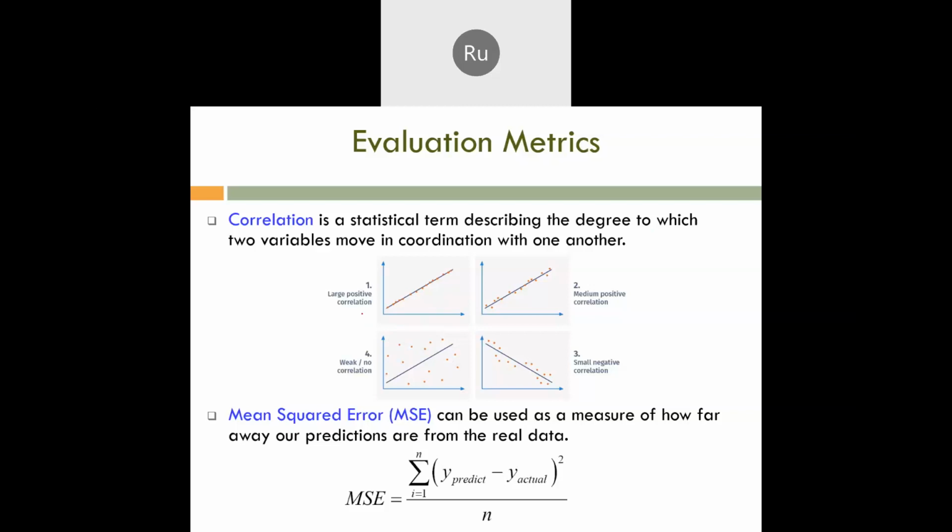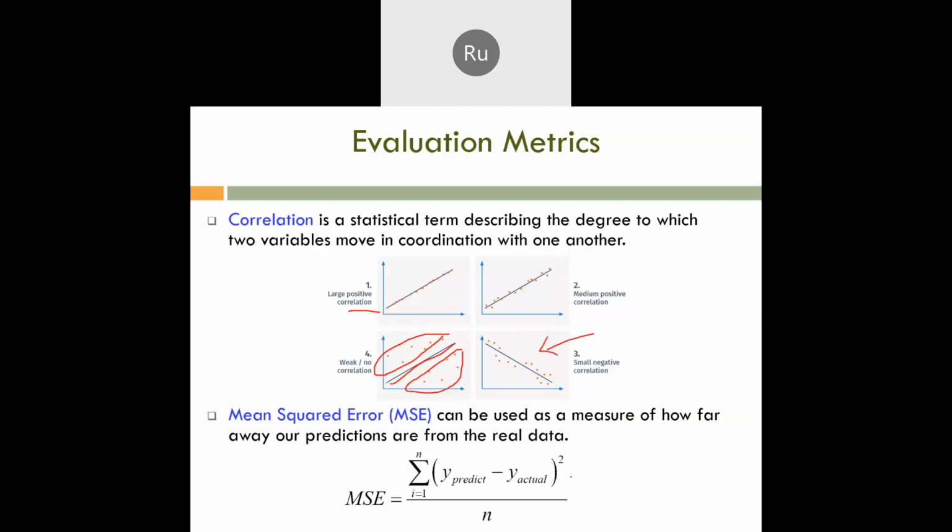We can say this is a large positive correlation because the points are very close to the line. This one is a weak correlation because although the line is going here, the values are not consistently close to the line. And this one is negative.